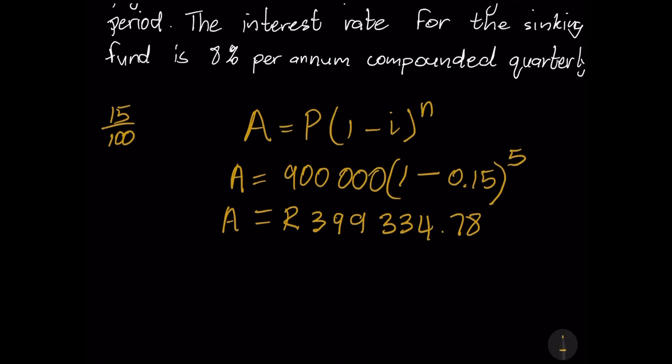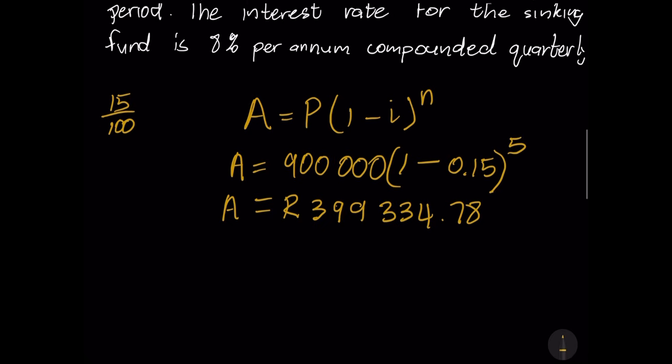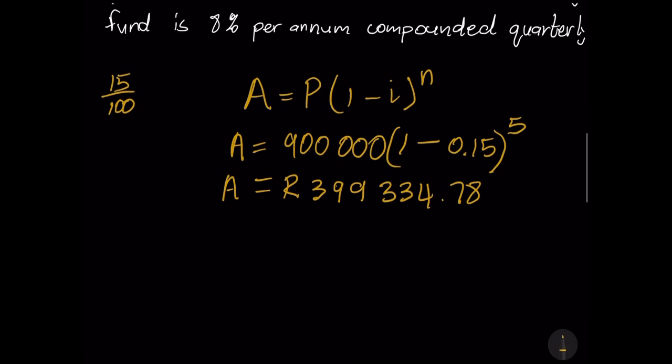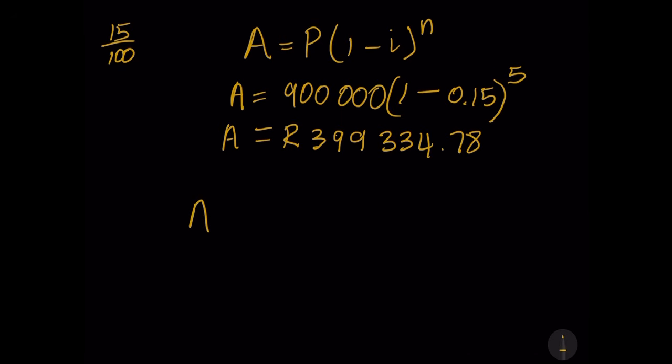So it means after depreciation, in 5 years' time, the equipment that was worth 900,000 now can be sold off at 399,334 and 78 cents. Now, in this case, remember, in the same period, something else took place, inflation. So it means now the cost of buying new equipment will not be the same. It will not cost us 900,000 anymore.